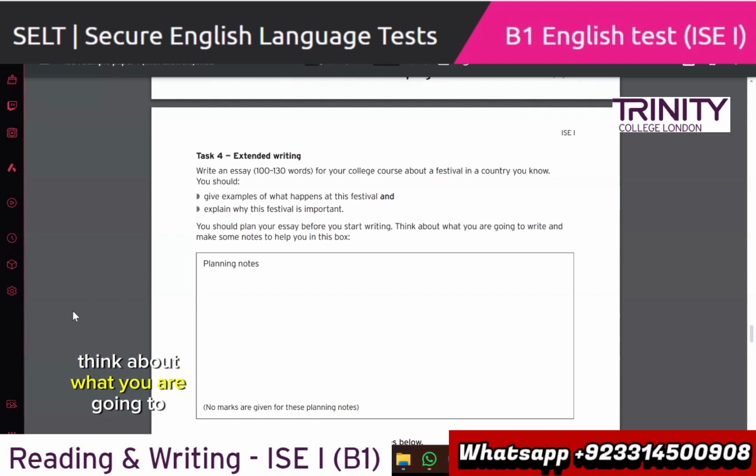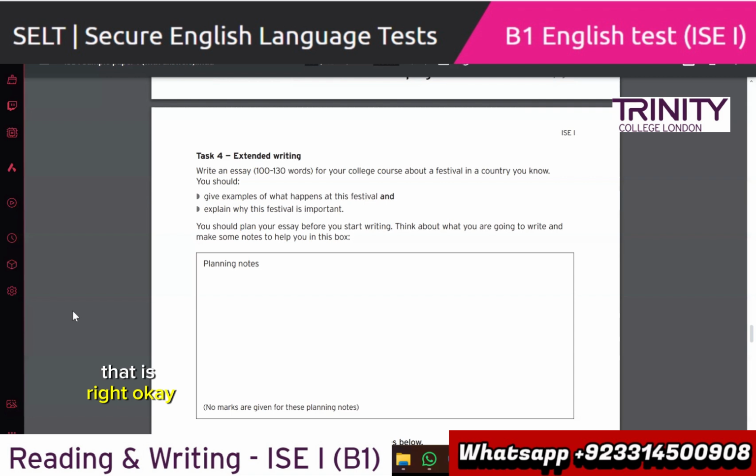Think about what you are going to write and make some notes to help you in this box. It's about a festival. I can explain why it is important and what happened in this festival, all in 100 to 130 words.